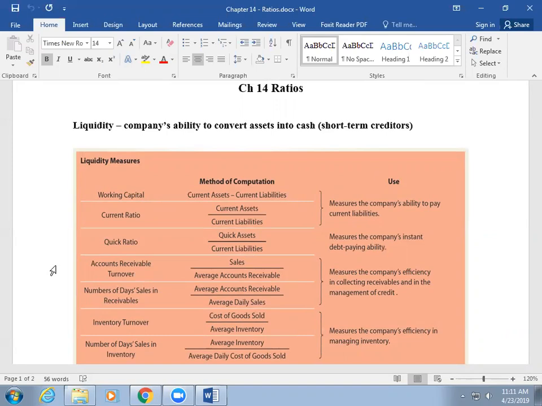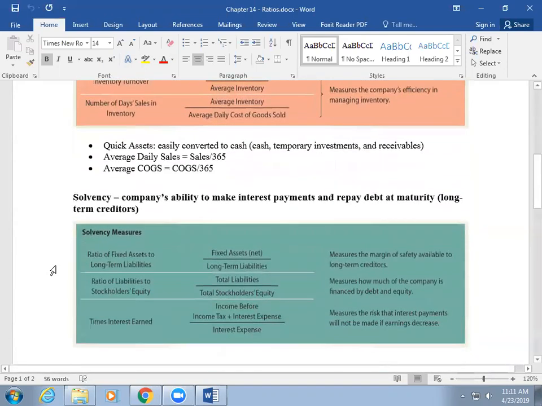Liquidity is really important to short-term creditors because they want to know that you have the reserves or the assets to cover your short-term debt. That's a little bit of an overview. When we get into calculating this, I'll go over the stuff below it.